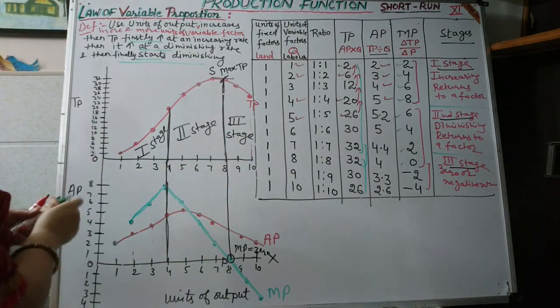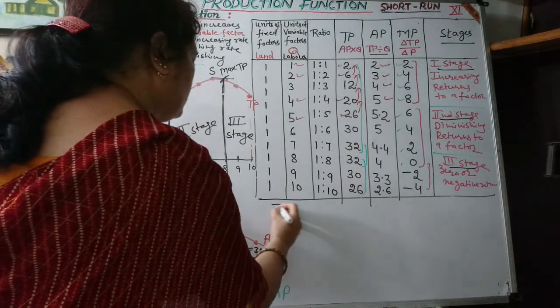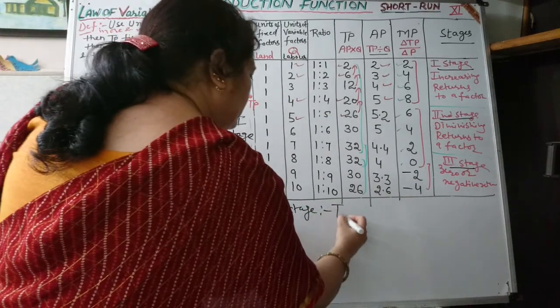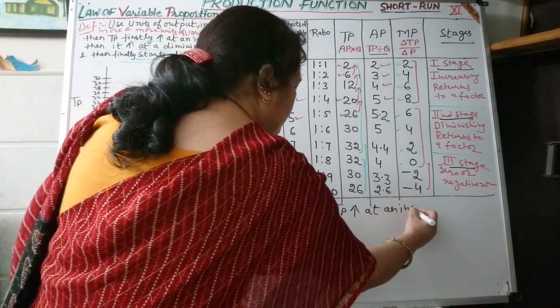And for the theory, we can write number 1, first stage. What does it represent? In the first stage, TP increases at an increasing rate.